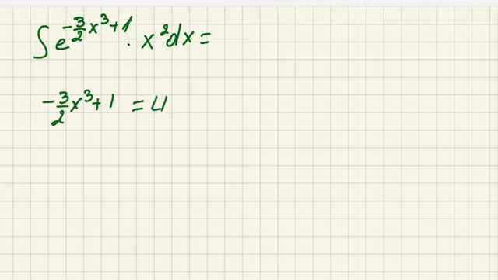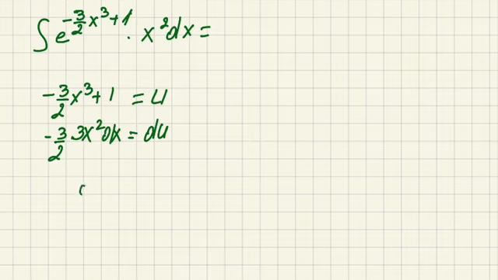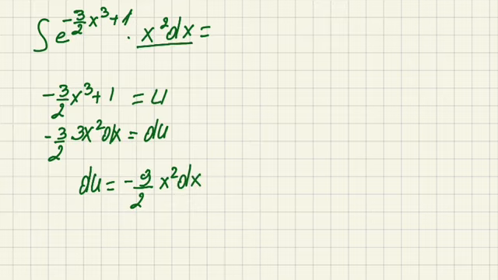And we can find the derivative of u, which would be equal to minus 3 over 2 times the derivative of x to the third power, which is 3x squared dx. That means du would be equal to minus 9 over 2 x to the second power dx. In fact, I need to have only x to the second power dx. For this reason, I need to write it in that form.